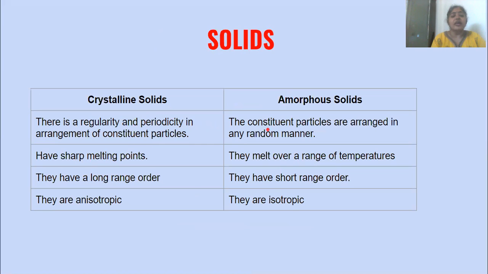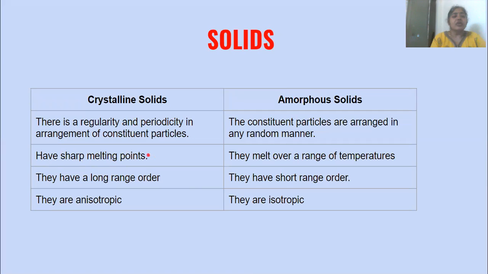There is no orderly arrangement of the particles. It is like when you draw a rangoli using dots, the pattern which is formed in one set of dots keeps on repeating. That is what happens in a crystalline solid. Whereas in an amorphous solid, you could imagine it is a freehand pattern that you have drawn. So there is no definite repeating pattern in amorphous solids.